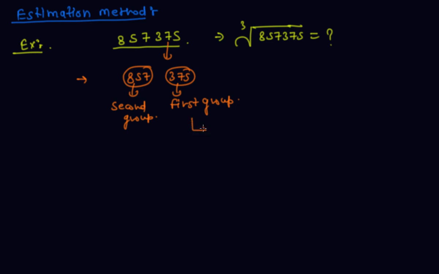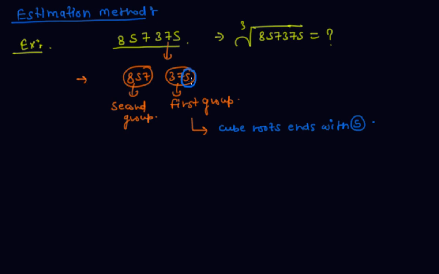Now if I take the first group, this number ends with 5. We know that when 5 comes at the unit place of a cube, its cube root ends with 5.